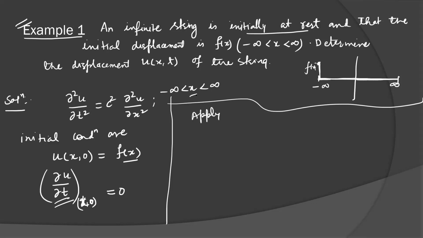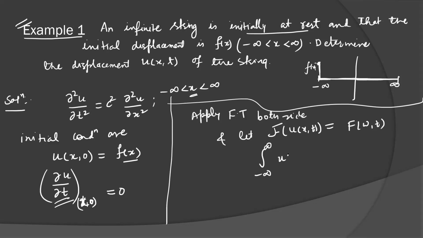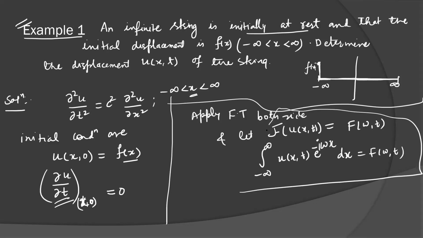Apply the Fourier transform on both sides, and let the Fourier transform of u(x,t) be F(omega,t). It equals the integral from minus infinity to infinity of u(x,t) e to the power minus i omega x dx, which is F(omega,t). So remember this notation.